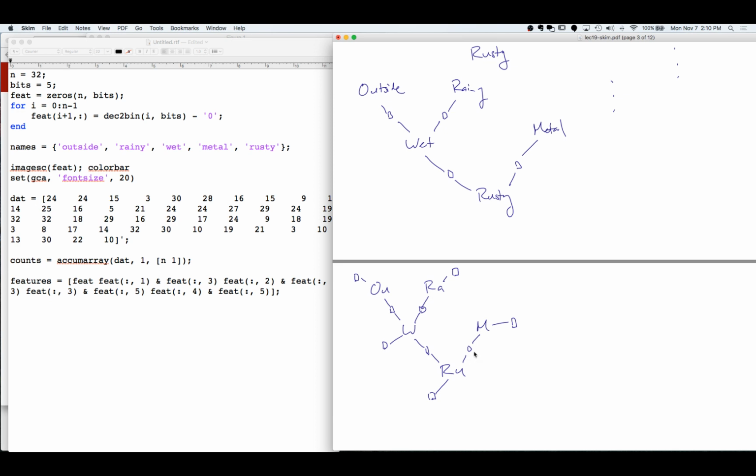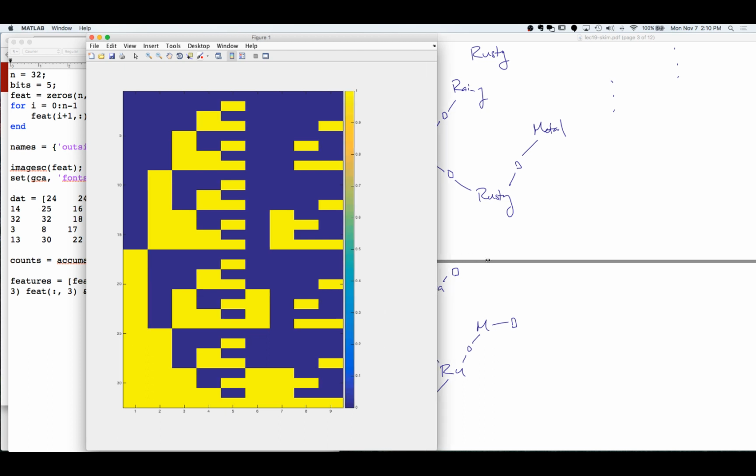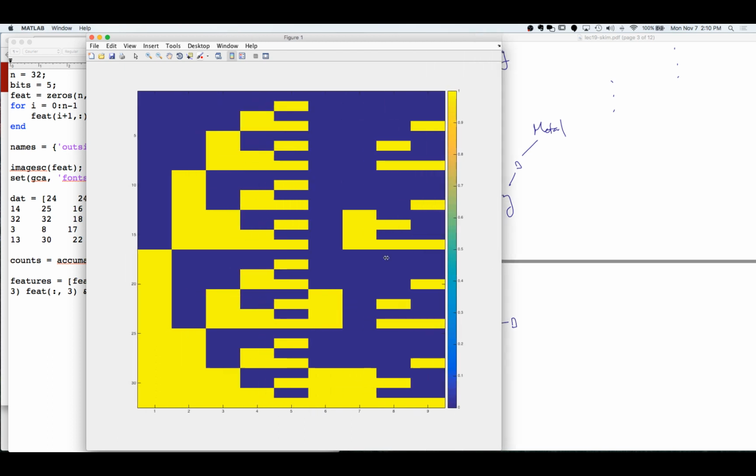All right. So now I can go ahead and try and fit this distribution to data. And so I've got some fitting code, which I'll go ahead and run.